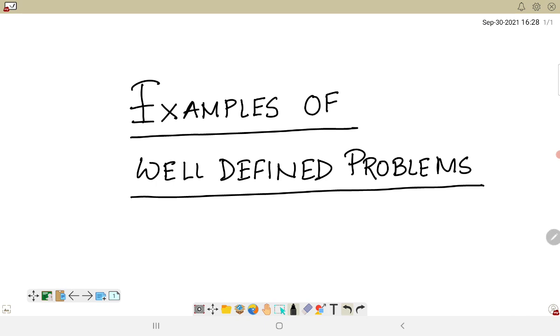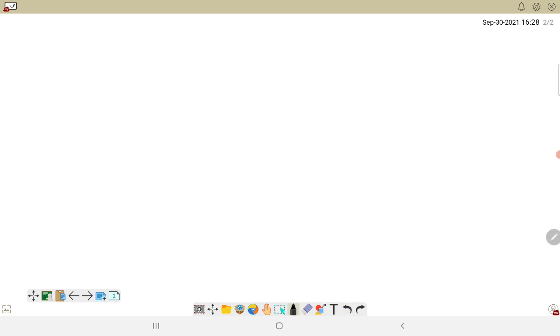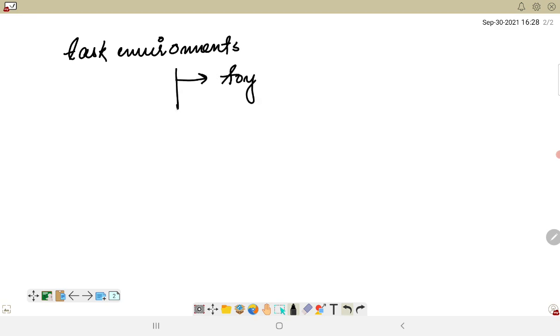Okay, so starting off, we have to understand that there are a variety of task environments, and these task environments can pertain to different types of problems. Two of the primary categories of this problem solving approach are toy problems and real world problems.